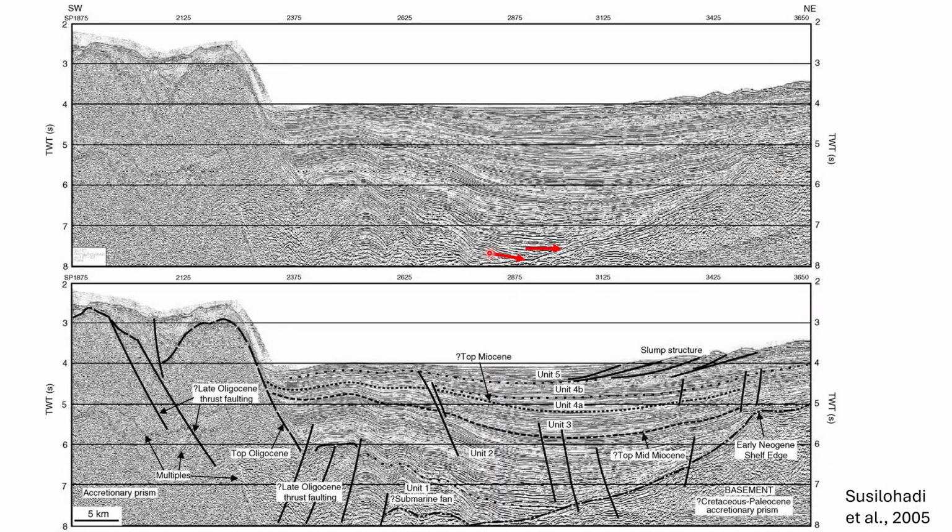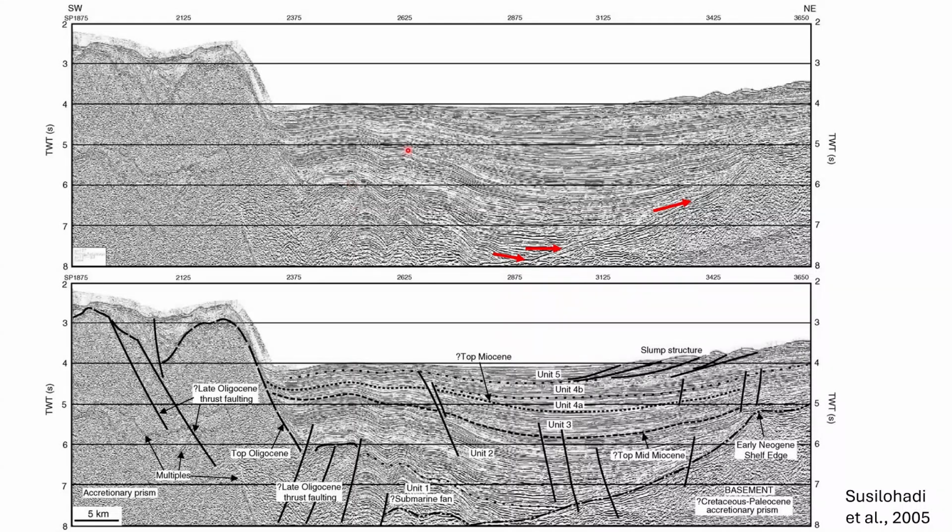You can see there's deformation down in here. There's some sort of thrust faulting that's going on along with the accretionary prism, forcing the lower part of the system up into the forearc basin and tilting the strata.